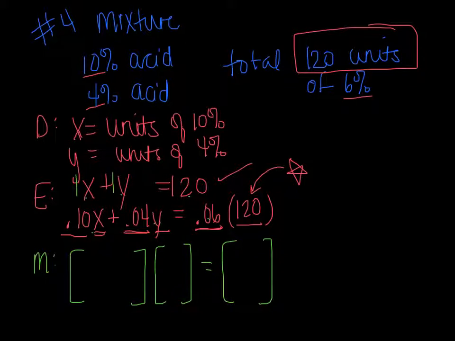If there's no coefficient, there's just 1. Don't forget your decimals. The order that I have them listed horizontally is X, Y, so that's the order that my variables go in vertically in my variable matrix, and then my total, 120, and then 0.06 times 120. You can type that right in the matrix.